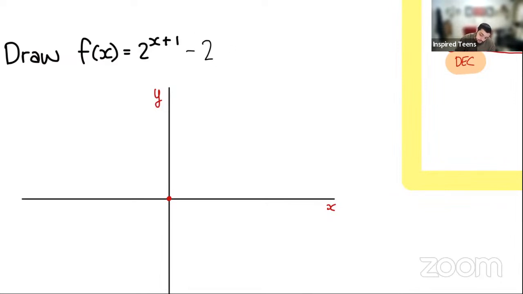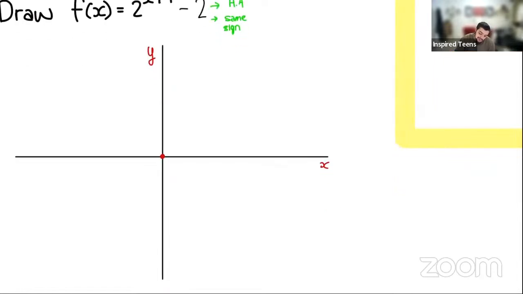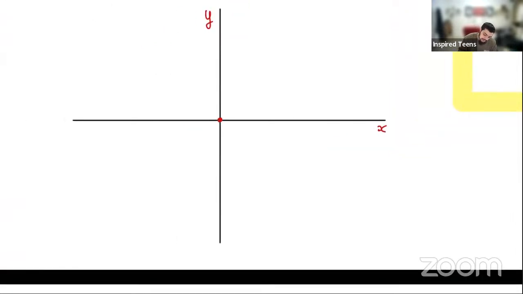Okay, so q, what is this? This is our horizontal asymptote. So the horizontal asymptote is negative 2. So it's a horizontal line, which looks something like this.